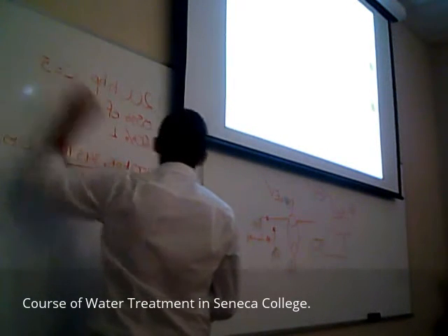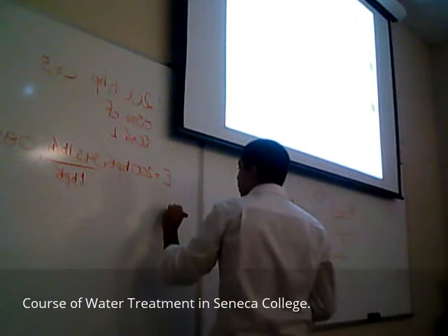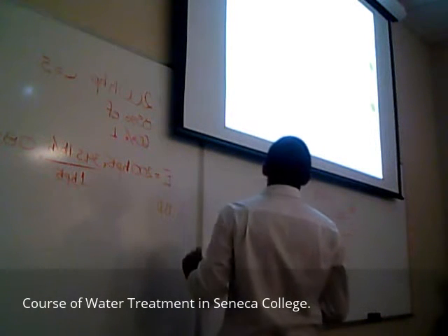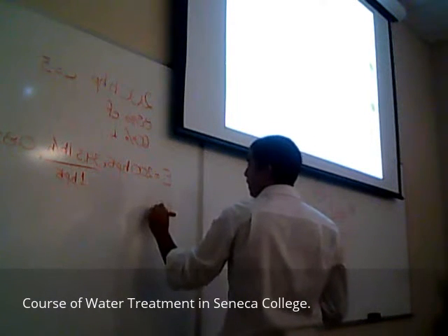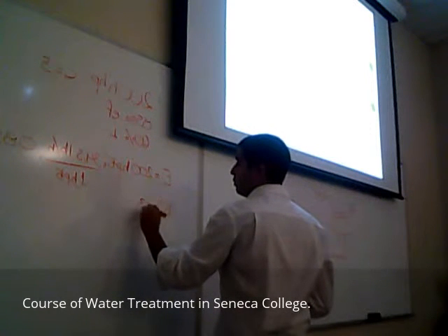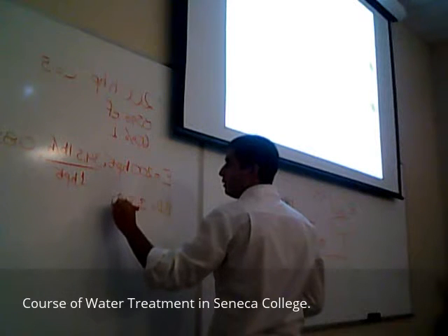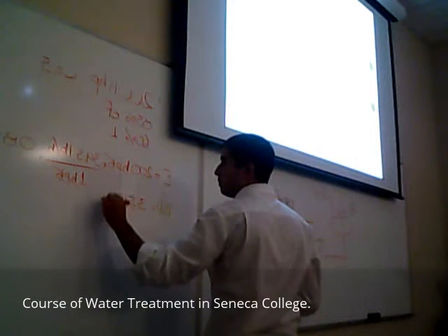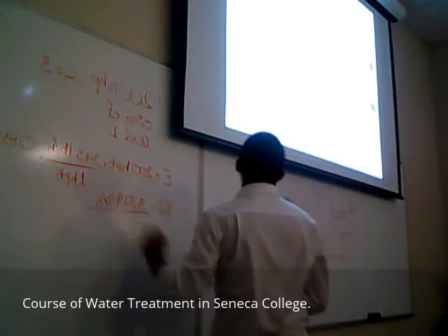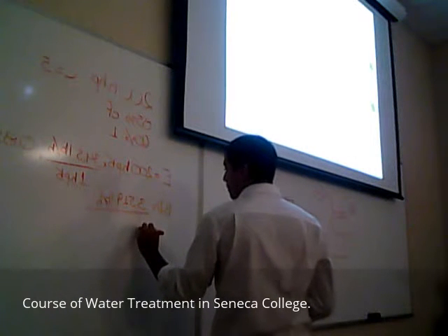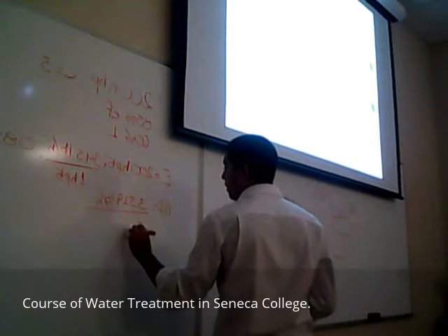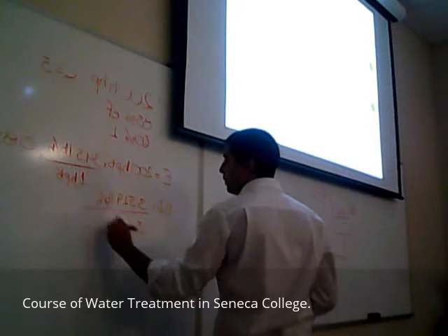In this case, the cycle of concentration is 5. The equation says that the blowdown is going to be E times 3,519, divided by the cycle of concentration 5 minus 1.